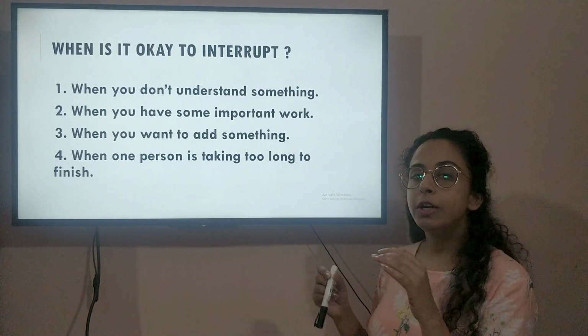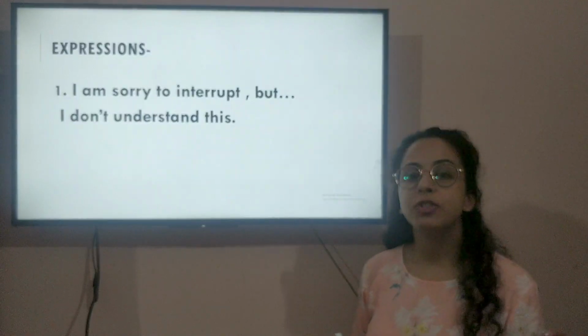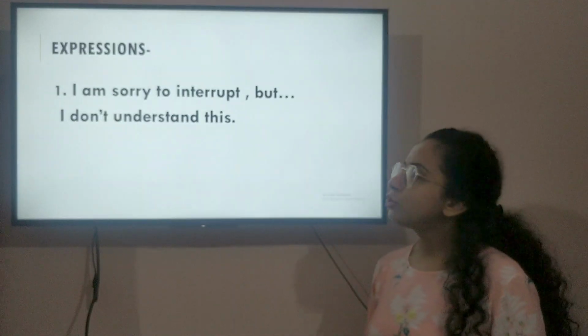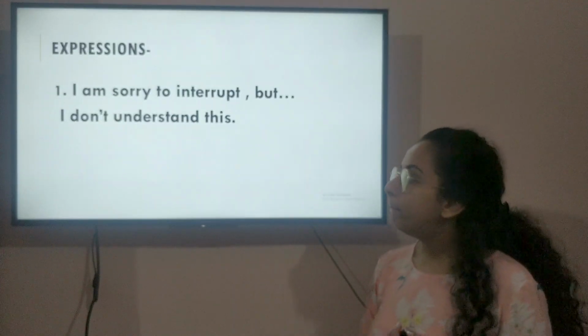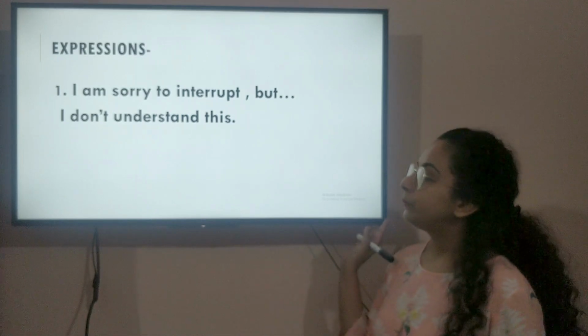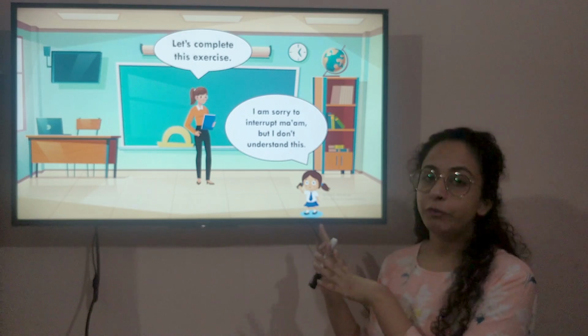Now let's look at the fixed phrases, and in which situations they can be used. Expression 1: I am sorry to interrupt, but I don't understand this. This is a situation of a classroom.